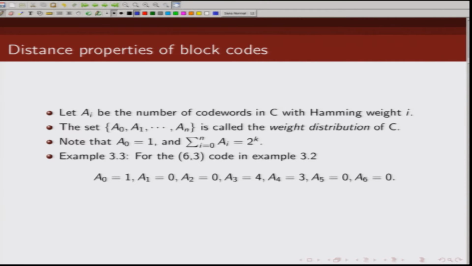I just worked out this example for the 6-3 code that we have shown in the previous slide, and I showed you that in this particular example A0 is 1, A3 is 4, A4 is 3, and all the rest are 0. I also showed you that the minimum distance of this code is 3, because the minimum weight of a non-zero code word in this example is 3.